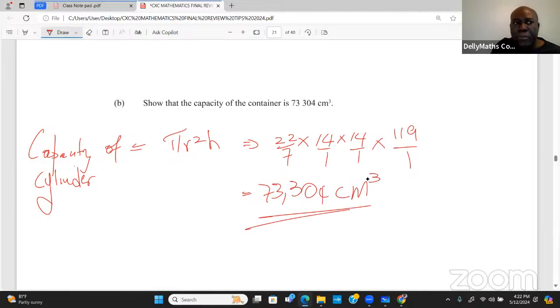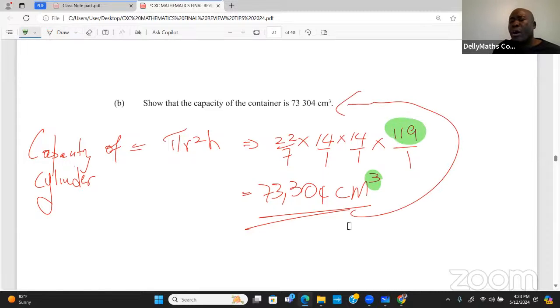Remember, capacity is 3-dimensional space to be filled, so it is cubed, right? Don't just write anything right there. So there it is. We would have proven that we got this. Just in case you're wondering where the 119 comes from, go back to the question. It did say the thickness is uniform throughout, which means that it lifts off the ground 1 centimeter.